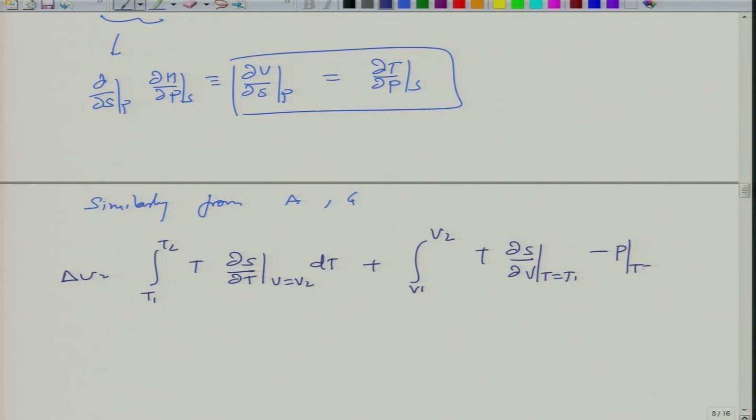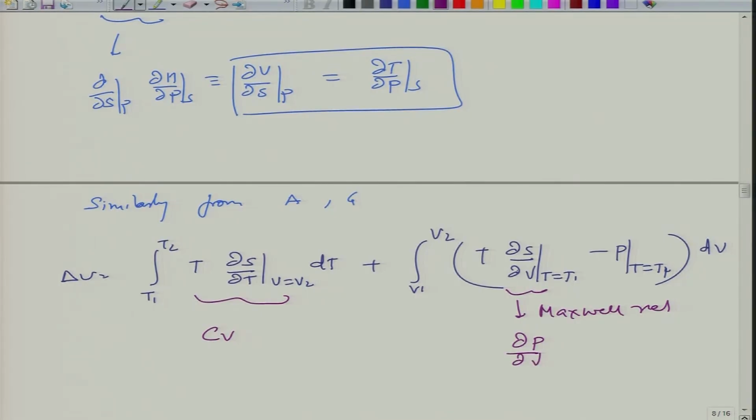This was the expression we ended with in the last class. Now, T del S by del T is by definition CV, and the other part, from the Maxwell relation, is nothing but T del P by del T. This is something we can now calculate from experiment.